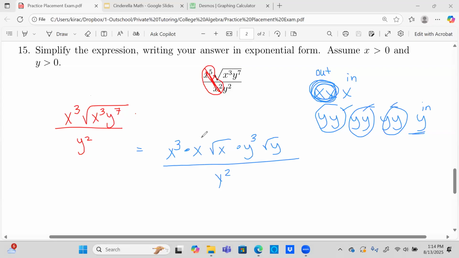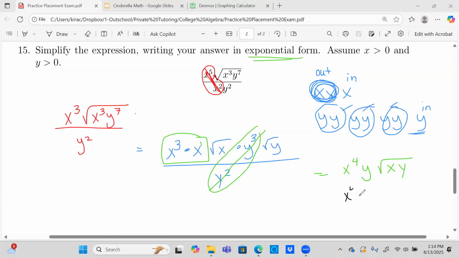Okay, so this is now 4 x's. And then see these y's right here? We can subtract. 3 minus 2 would give us 1 y. So cancel that and just make it 1 y. And then we still have an x and a y in the root. Technically, that's the answer, but it says exponential form, so I don't think they want any roots.